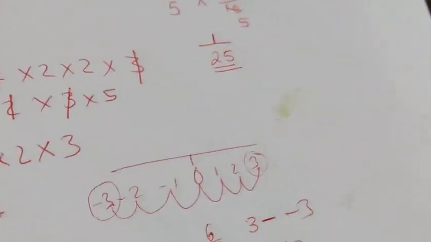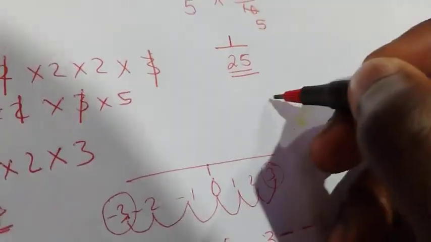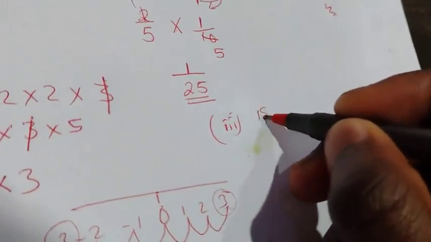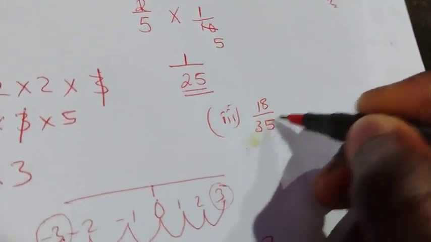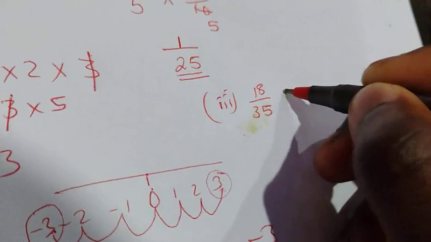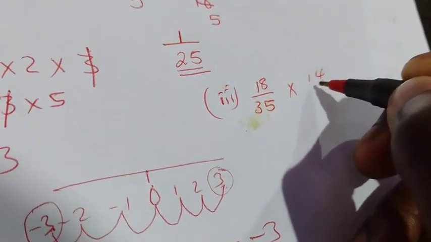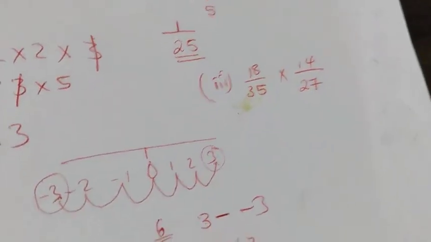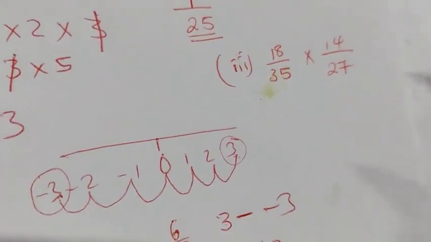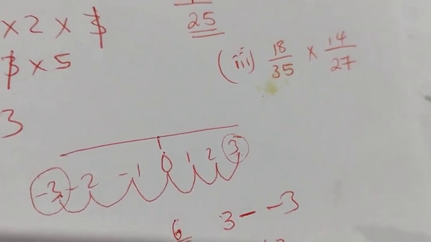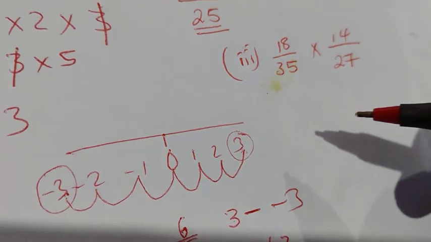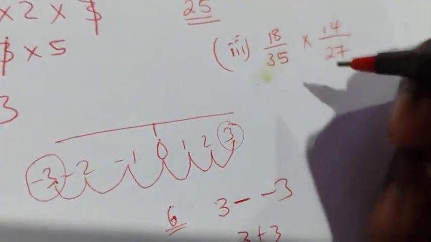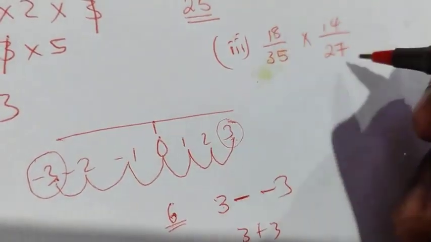Right? Then item 3 of B, it's 18 over 35 times 14 over 27. This one is clear and straightforward. It's a multiplication, so we can reduce. We have 18 there and 27. We know we can reduce by 9, or if you don't know, you can start maybe by 3.